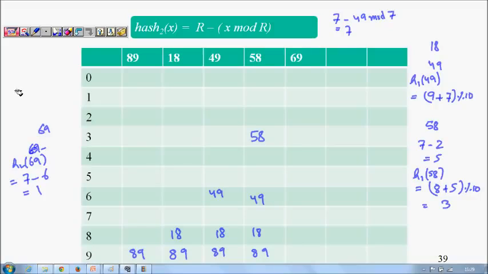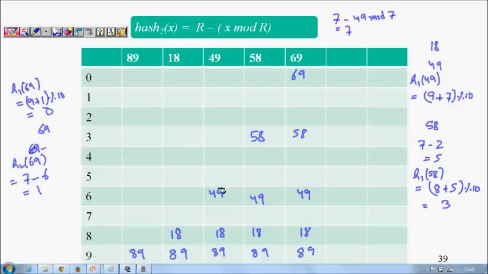So h1 of 69 becomes (9 plus 1) modulo 10, which is 0. So 69 goes to cell 0. So this is how the table looks after these insertions.